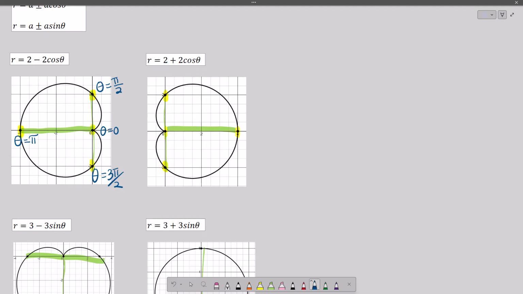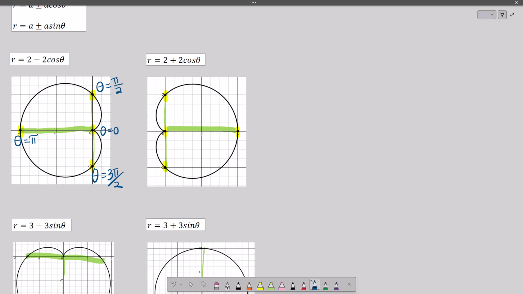Same thing over here. Wait, I have a question. Why did that last one go negative and the pi over 2 was positive? Okay, so when we plug in pi over 2, cosine of pi over 2 is 0. So 2 minus 0 is 2. So in the pi over 2 direction, we go 2 because we got a positive radial value.